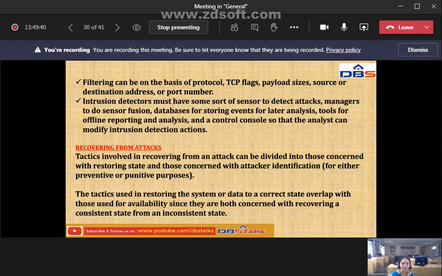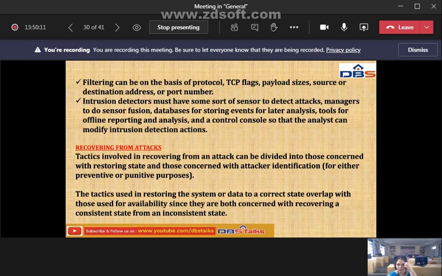Next, recovering from attacks. After detecting, we need to remove the attacks. So, how? Tactics involved in recovering from an attack can be divided into those concerned with restoring state and those concerned with attacker identification, for either preventive or punitive purposes.